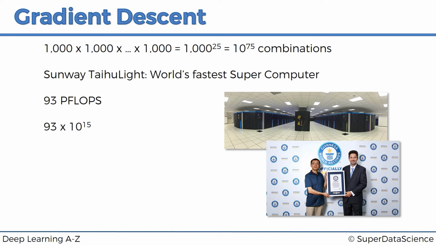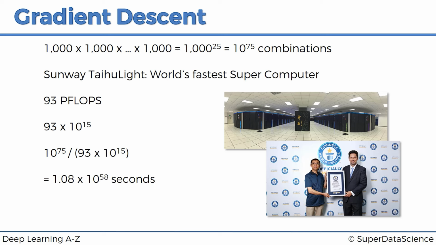Let's say that in an ideal world it can do one test per floating point operation. That means it will still require 10 to the power of 75 divided by 93 times 10 to the power of 15 seconds to run all of those tests, to brute force through that network.